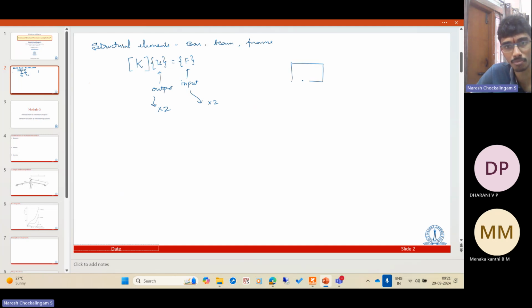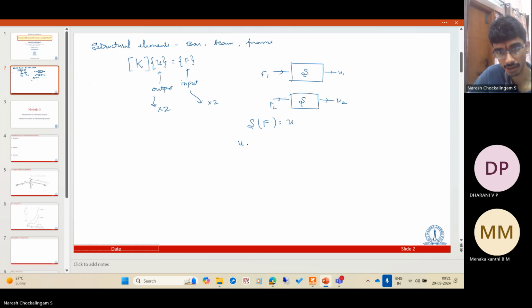So whatever you feed in, suppose you feed in F1, you will get U1. And if we feed in F2, we get U2. And this is our structure. Let us call this structure some S, right? So we have a relationship S of F is equal to U. So as long as the system is linear, it obeys U1 plus U2 is equal to S of F1 plus F2.